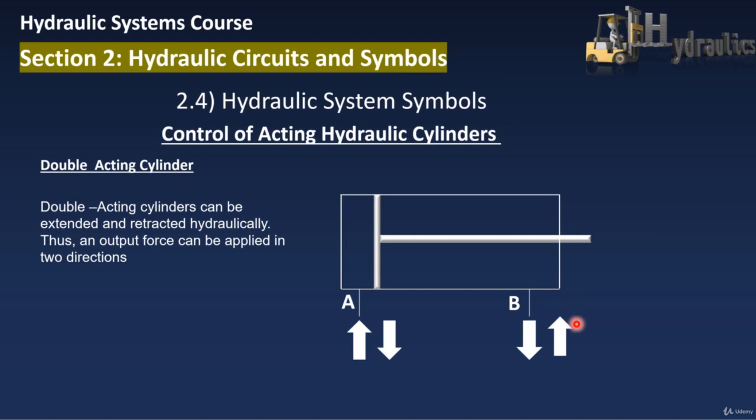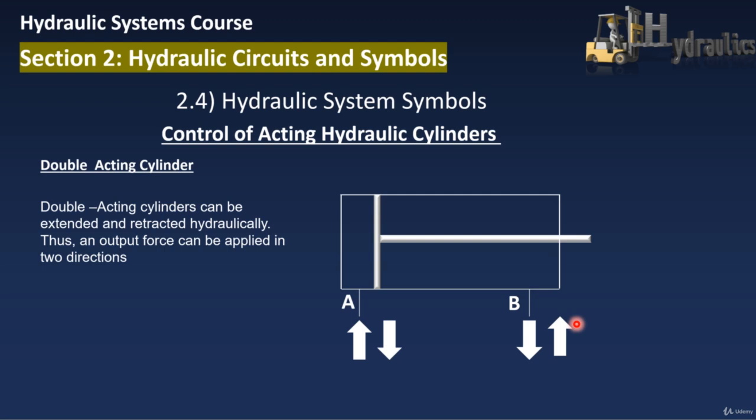We'll continue discussing the control of hydraulic cylinders, and we'll talk about the double acting cylinder. The difference between the double acting and single acting, as we explained in the previous lecture, is that the single acting has only one port or connection where the hydraulic fluid can enter, while in the double acting cylinder we have two ports.